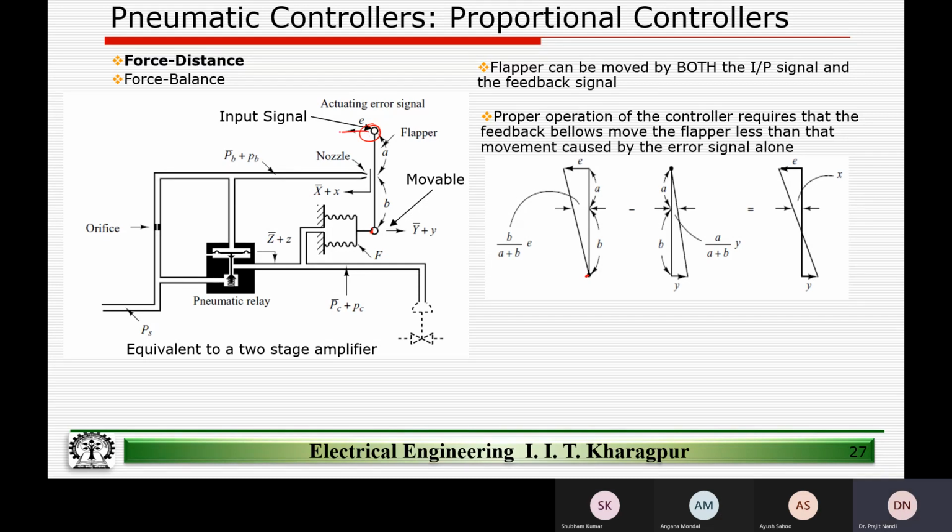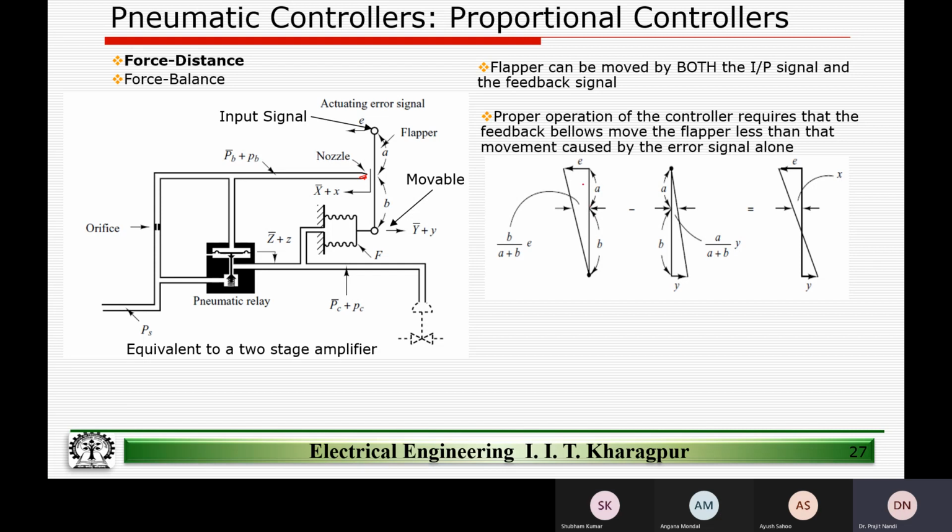This flapper has been moved in one direction by an amount E, and the distance from here is A, and from the nozzle to this is B. The effective movement seen here, you can get from similar triangles.